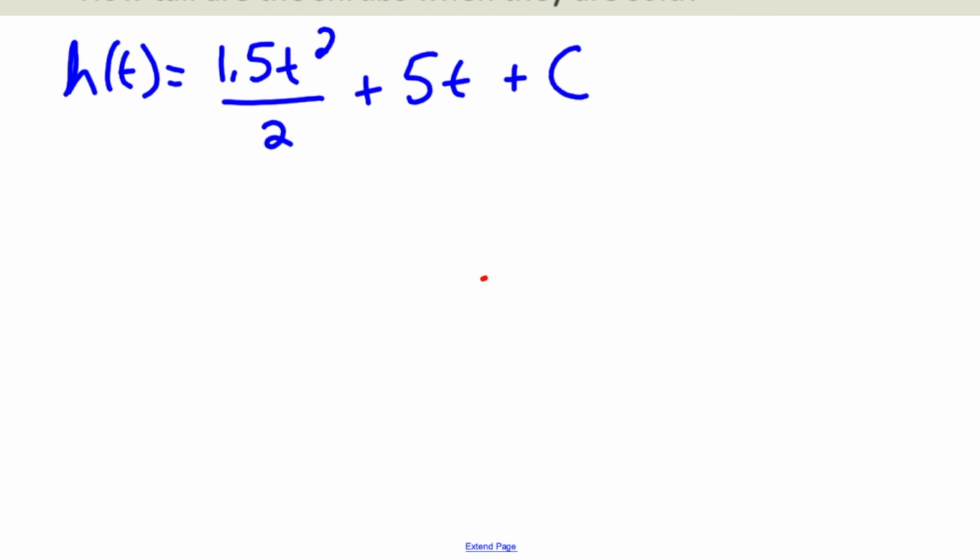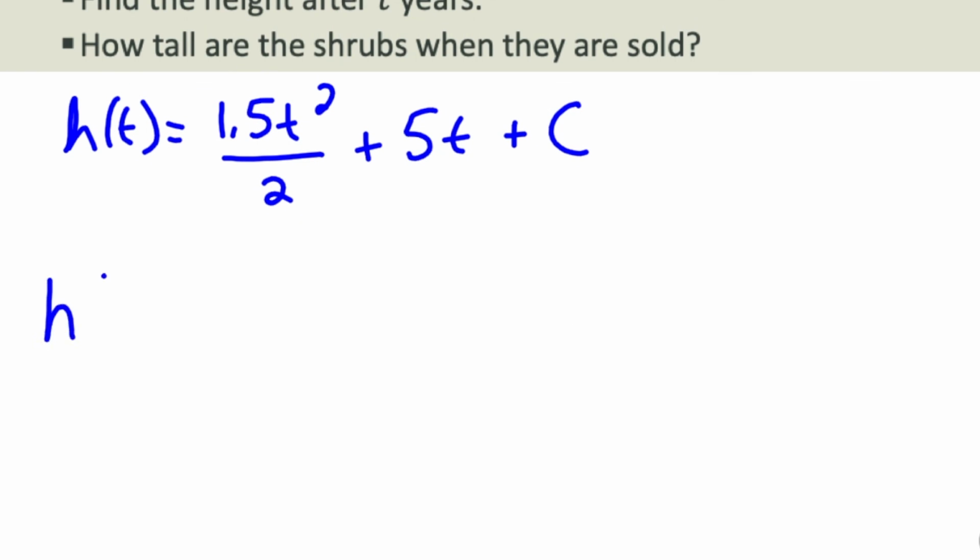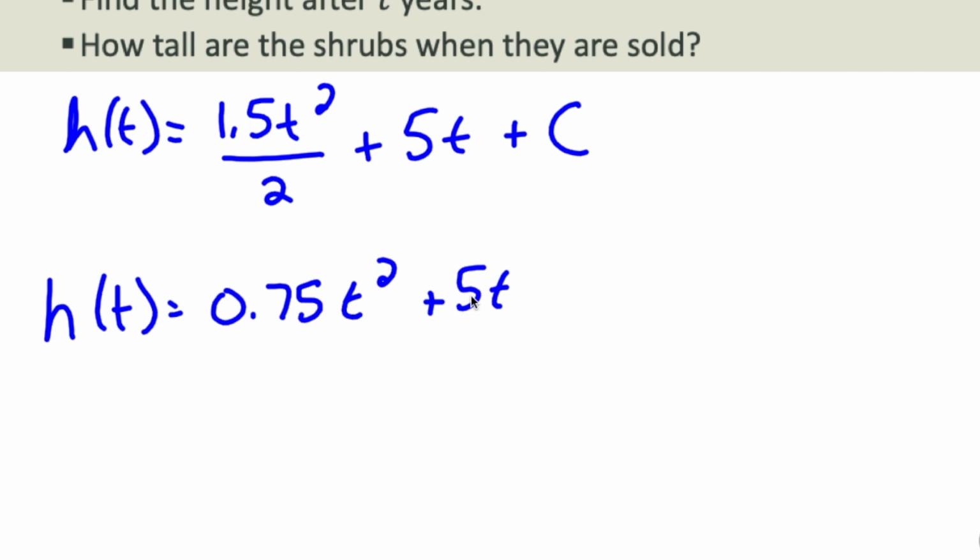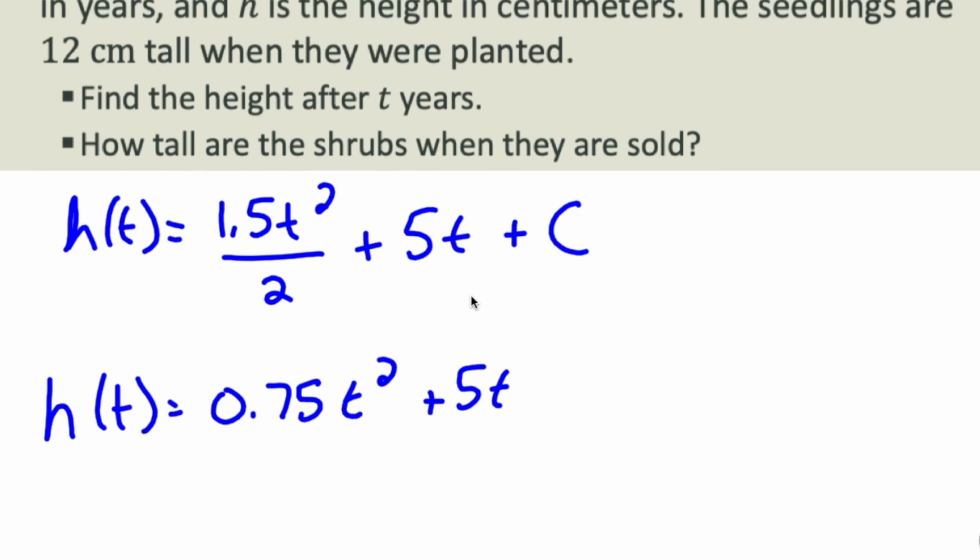Now, let me clean this up a little bit. Oops, that was supposed to be an eraser. There we go. So we end up with h of t equals, I'm going to make that 0.75 t squared plus 5t, and then to get the constant here, this says the seedlings are 12 centimeters when they are planted.